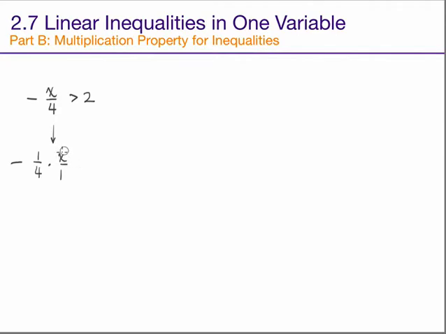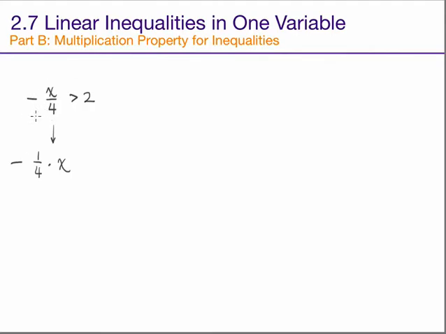Now, I don't need to write x over 1. I can just write x. So whenever I see t over 7, I can think 1/7 t. Or y over 19, I can think 1/19 y. X over 4 is 1 over 4 x.